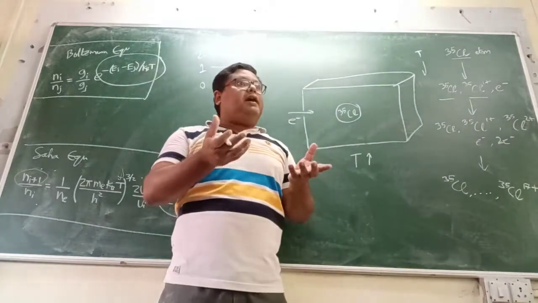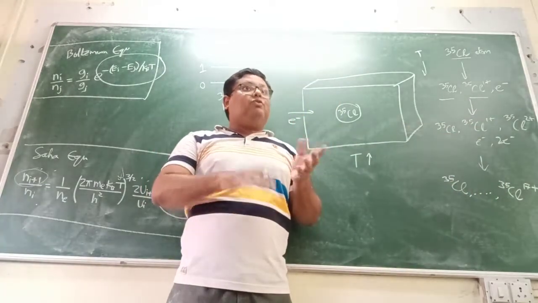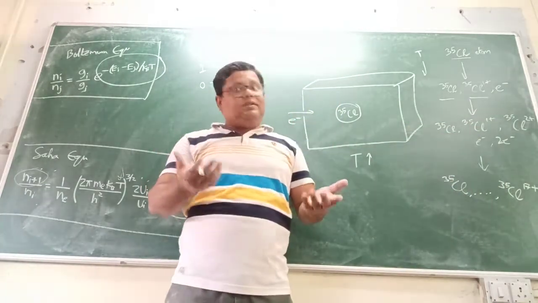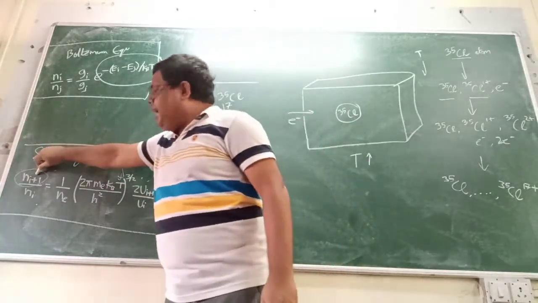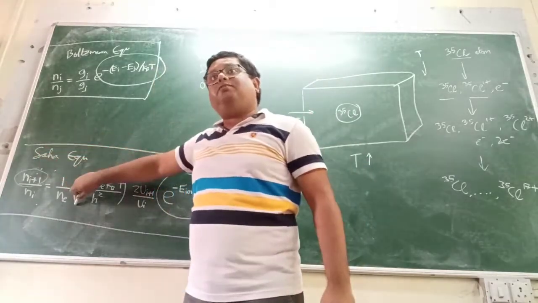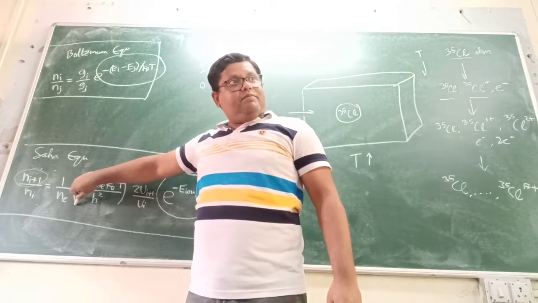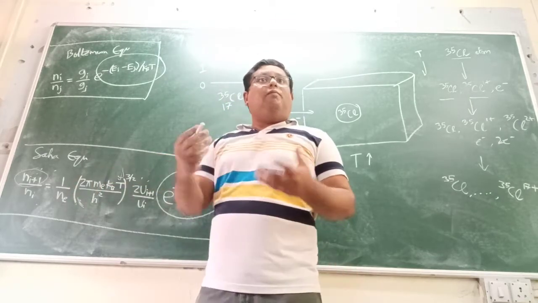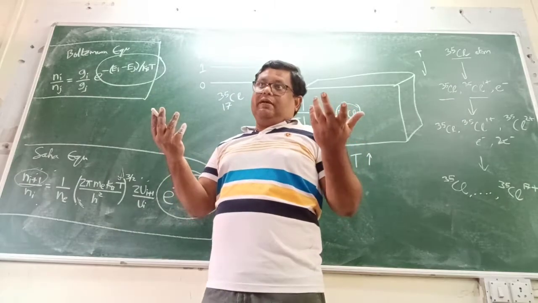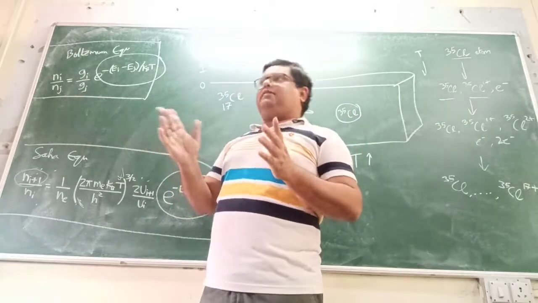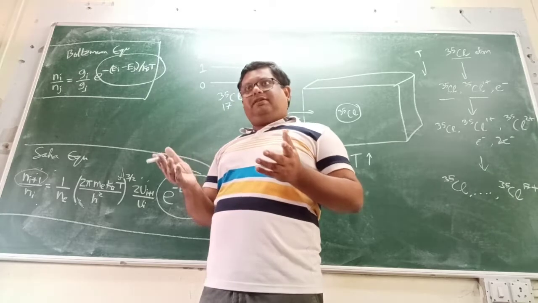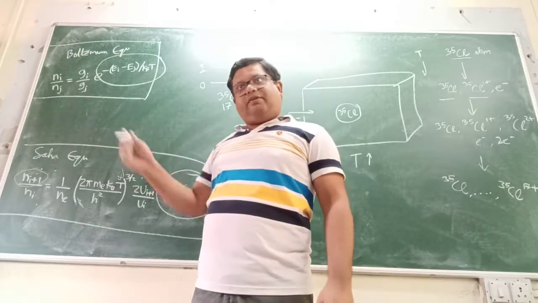So the number of ions will decrease due to more and more recombination. So this Ni plus 1 will be inversely proportional to Ne, because this increasing means more and more recombination. These are two very interesting takeaways from the Saha equation.